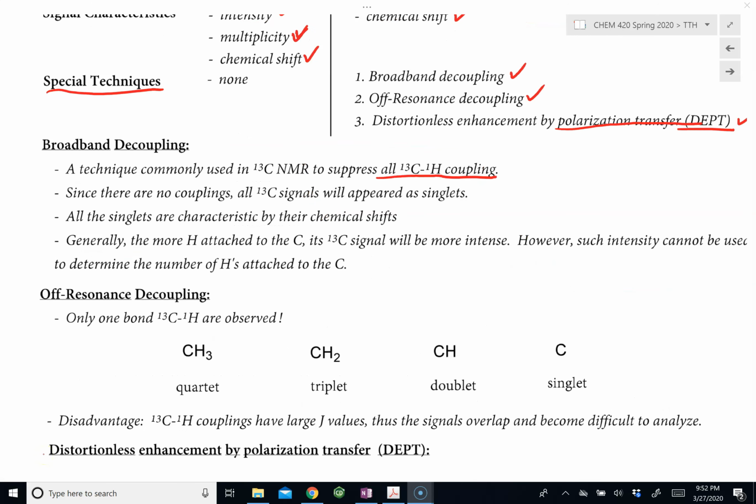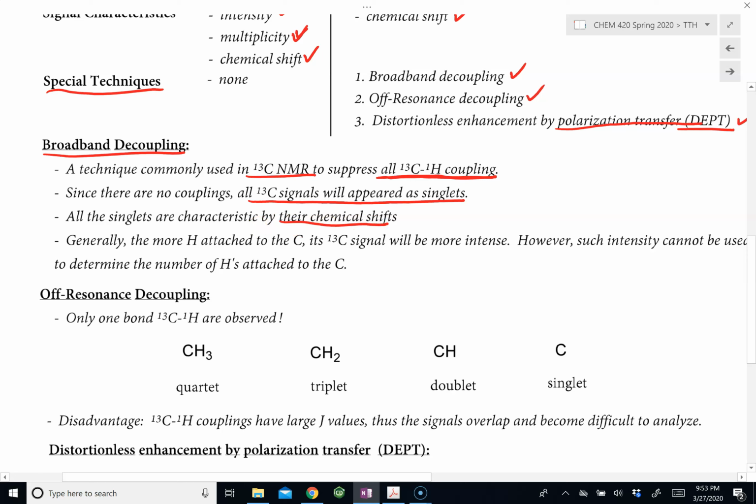Now, let's talk about the first special technique, broadband decoupling. Broadband decoupling is a very common method that we use in carbon-13 NMR to suppress all of the carbon-13 and hydrogen coupling. Since there are no couplings, every carbon-13 appears as a singlet, characteristic based on its chemical shift.